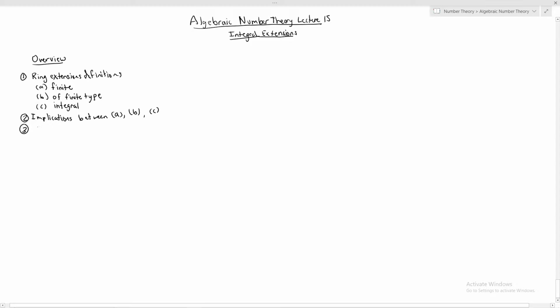So the third is a small thing, well, maybe not so small. Integral extensions are transitive, so if I have three rings, a sequence of three rings are transitive.